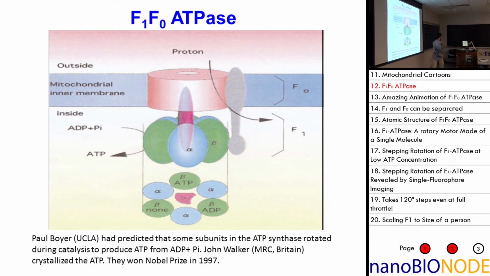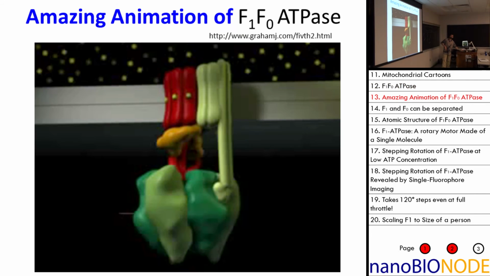Okay, let's hope that this works. Okay? So here's the F0, here's the F1, and there's a stalk in here. And the idea is this is going to rotate. And over here is the ions that are flowing, in this case, plus charge.